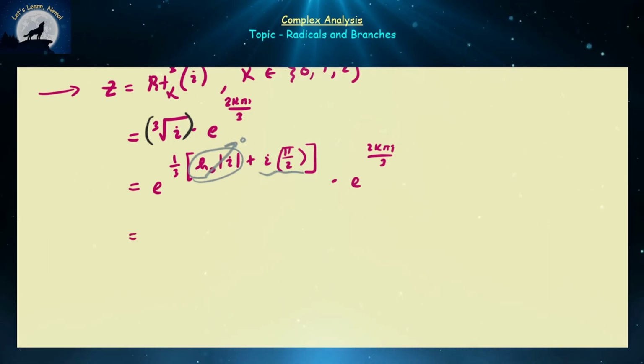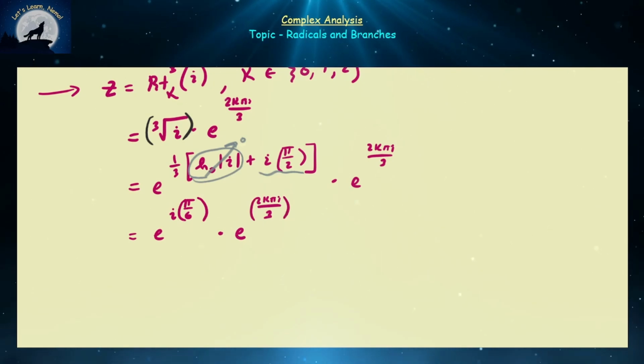So that's going to be equal to e to the, what would that be? That would be i pi over 6, then multiplied by e to the power of 2k pi i all over 3. We're going to be adding these powers, so it's important to get a common denominator. So I'm just going to go ahead and multiply that by 2 so I can get a common denominator of 6.